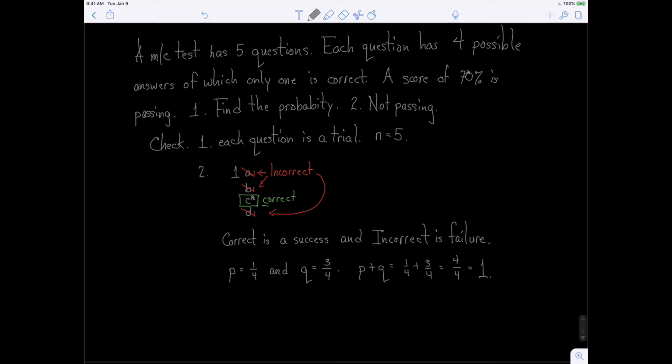Okay, the third one says each trial is independent. And the answer is yes. However, we may feel like, for example, say you've answered C for the first 4 and you get to the 5th one, you may just feel that there's no way that each one could be C, but it could happen.